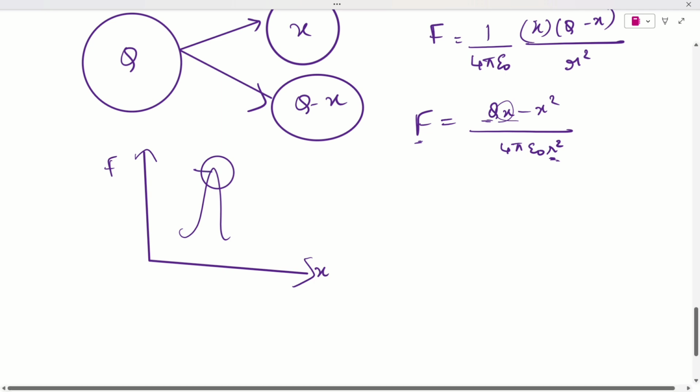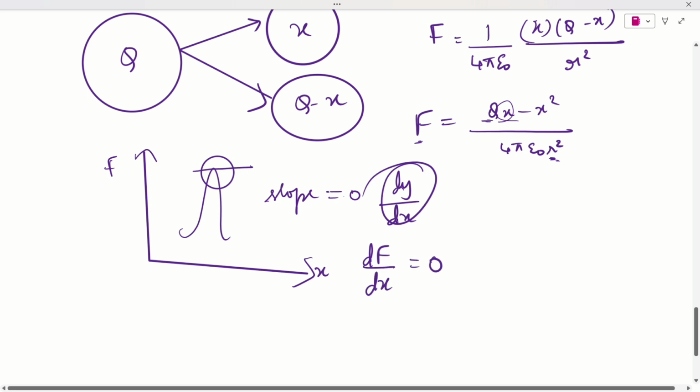If I am going to draw a slope on this point, my slope is 0, right? We can observe the slope is 0 for the maximum point. So slope is simply dy by dx, right? Here in this case my slope is df by dx, so that is going to be equal to 0. So I have to differentiate my force with respect to x and equate it to 0 because my force is maximum, right?